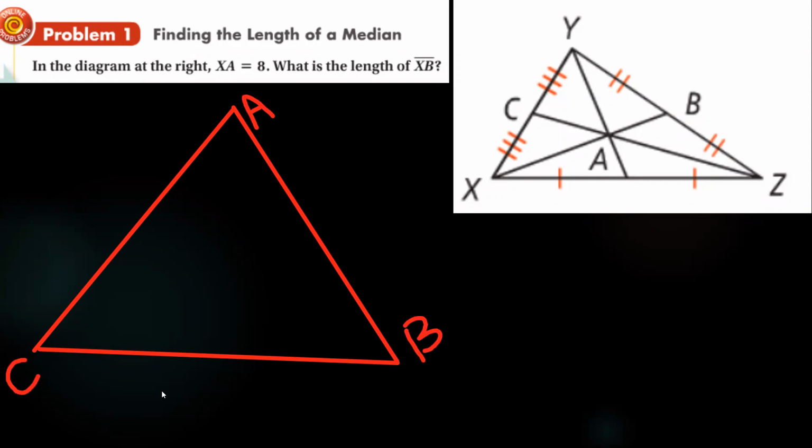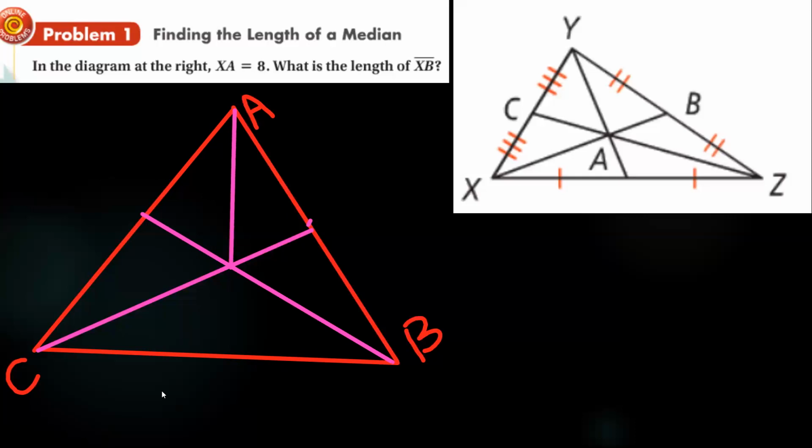I told you that it's named median, so it means that from the midpoint, I'll start drawing a line ending with the vertex. And here from the vertex ending with the midpoint of the line. These are what? These are the medians, from the middle to the vertex.